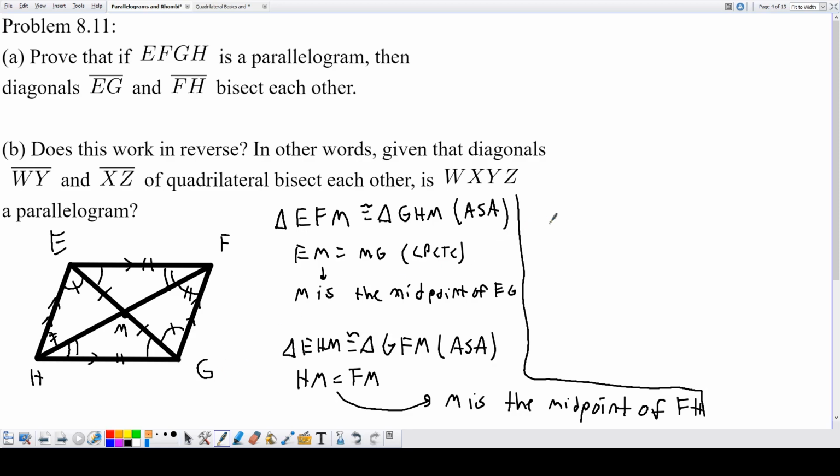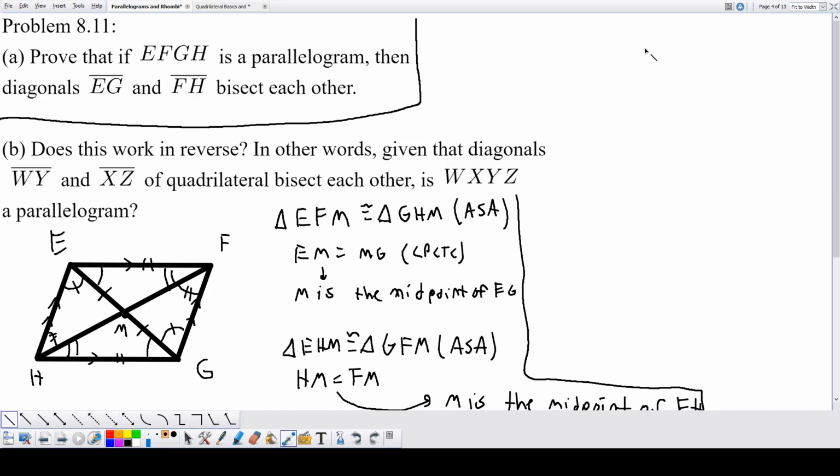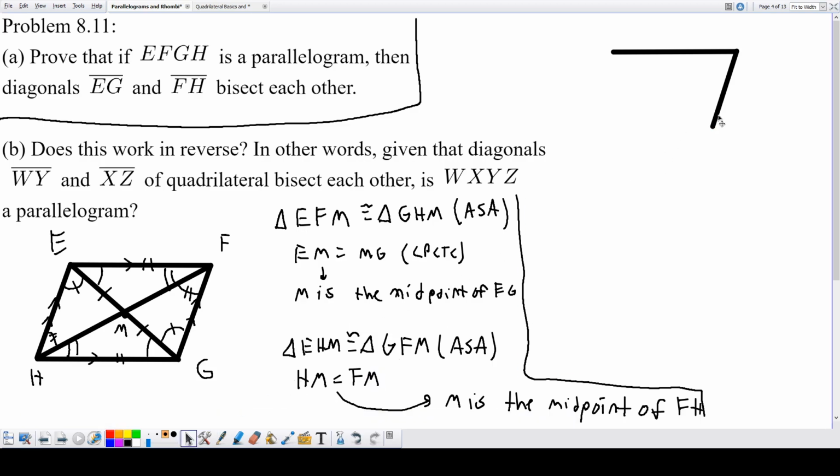Now we can move on to part B. So part B is asking us, does this work in reverse? So if we have a quadrilateral where the diagonals are bisecting each other, does that imply that WXYZ is a parallelogram? So let's draw another diagram and see if this turns out to be true or not.